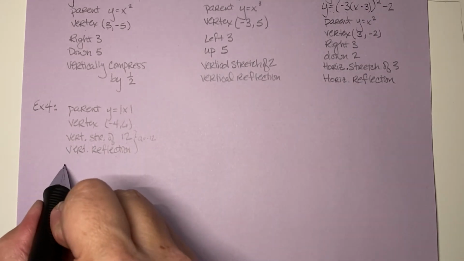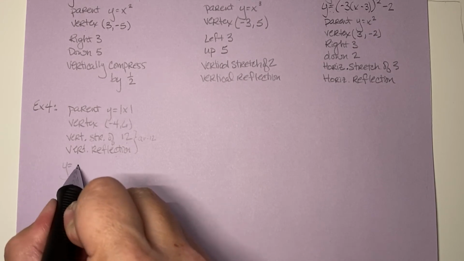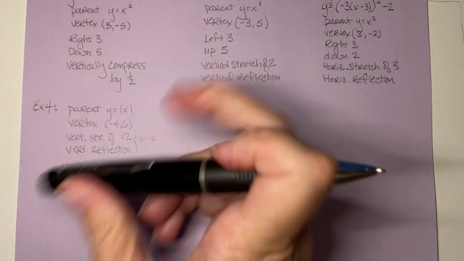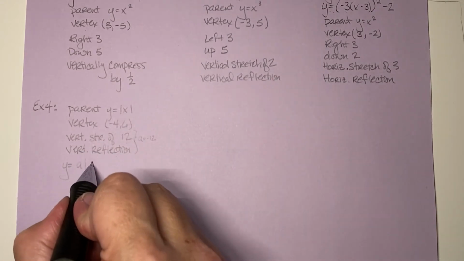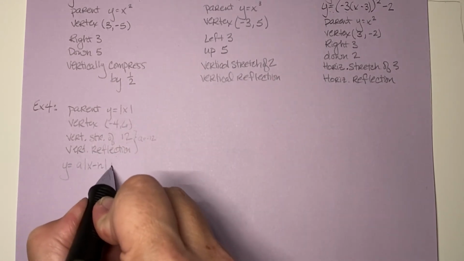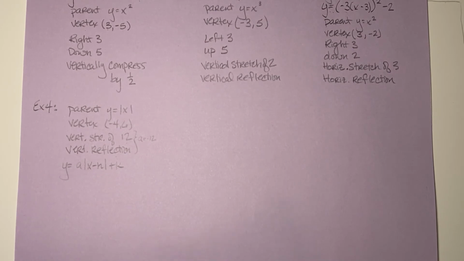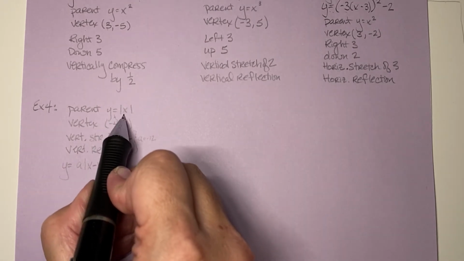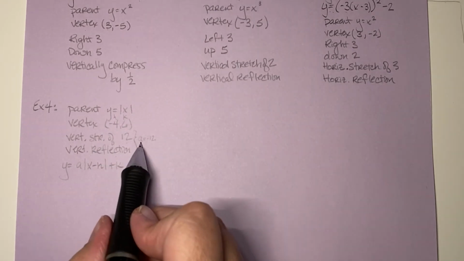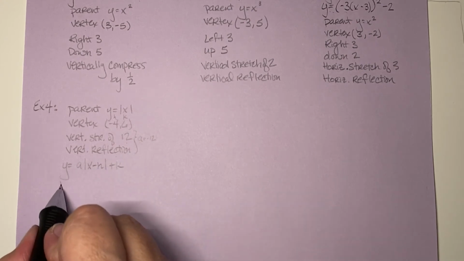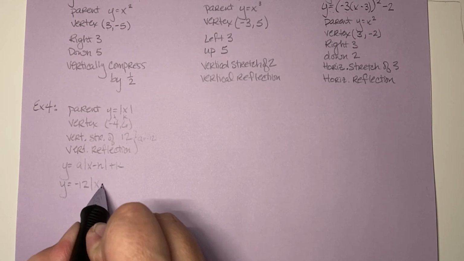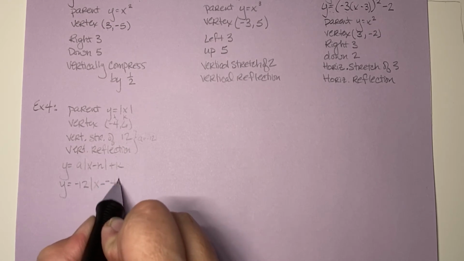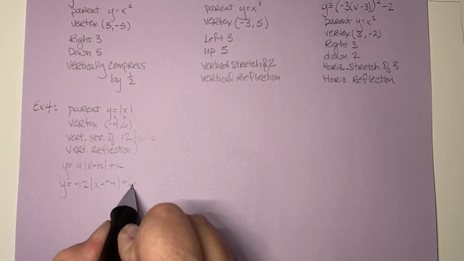So let's start with our base, since it's absolute value, and plug in what we know. We know this is H, this is K, and that is A. So y equals -12 times absolute value of (x minus the -4) plus 6.